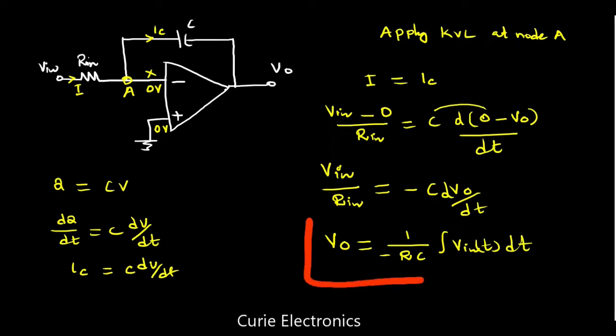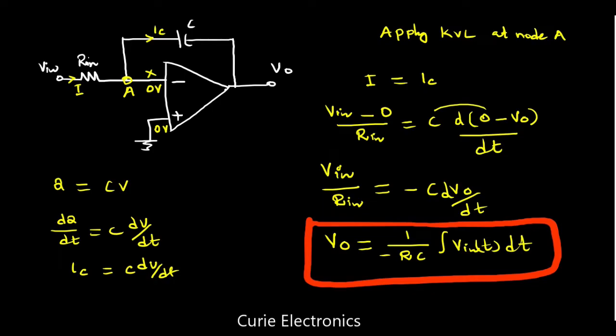Let me mark the equation. So our V out is always integral of V in, that is the input signal. Now what we have seen is the ideal op-amp. We'll draw it once more. Nothing wrong, we'll get more familiar with the circuit.